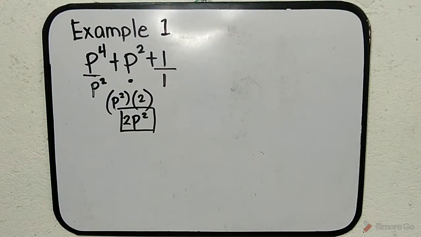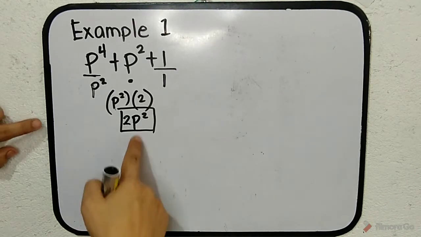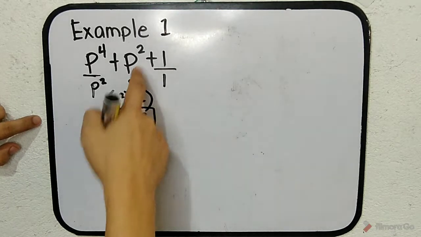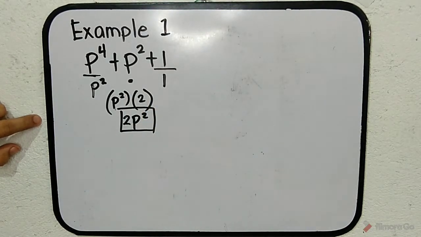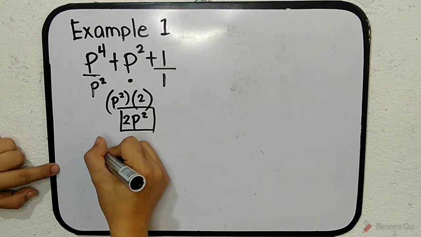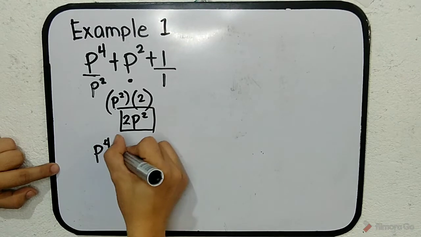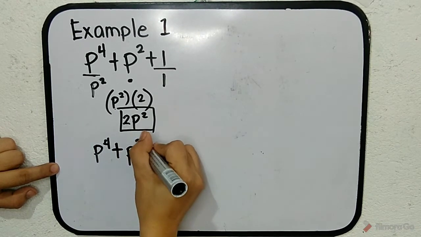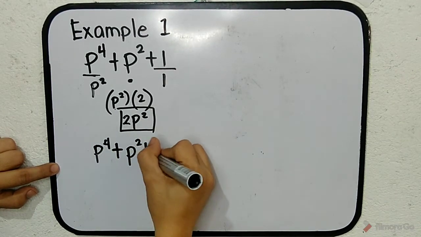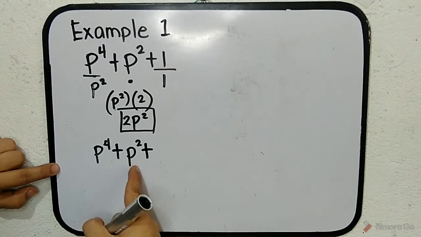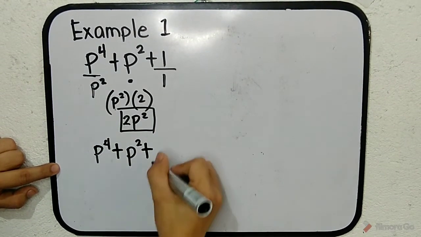So, ngayon class, ano ba dapat yung ating gawin para magkaroon tayo ng 2p squared sa ating middle term? So, gagamit tayo ng completing the square ngayon. So, p to the fourth plus p squared plus yung idadagdag natin para maging 2p squared ito.